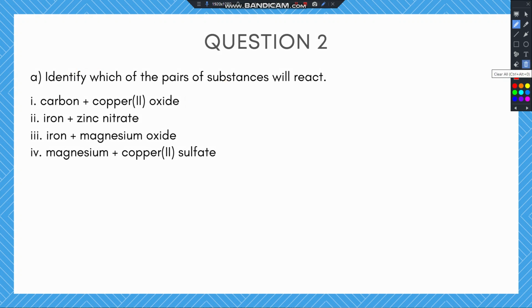I hope you're following. And then we have the second example, iron and zinc nitrate. So let's get our information available. The element that is standing alone is iron, as you can see over here. And the element that is in a compound is zinc. Now we need to find out which one is stronger between iron and zinc.